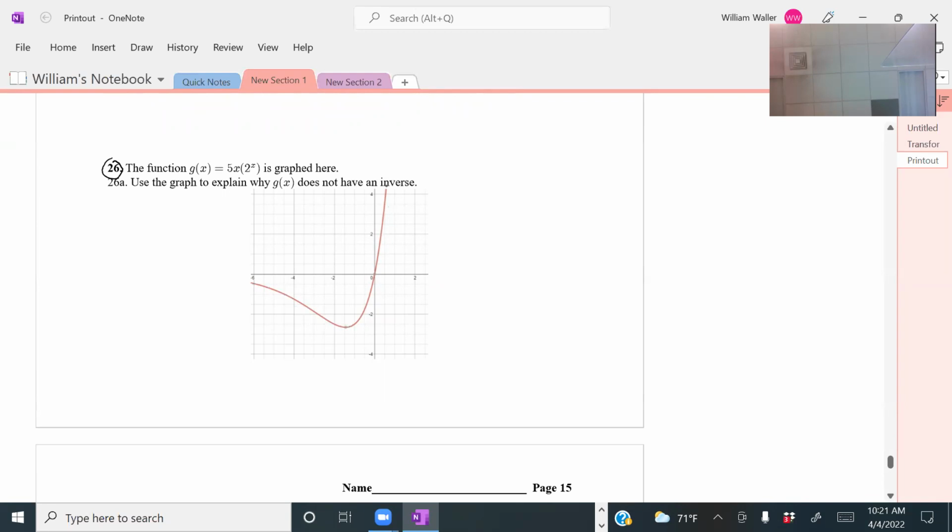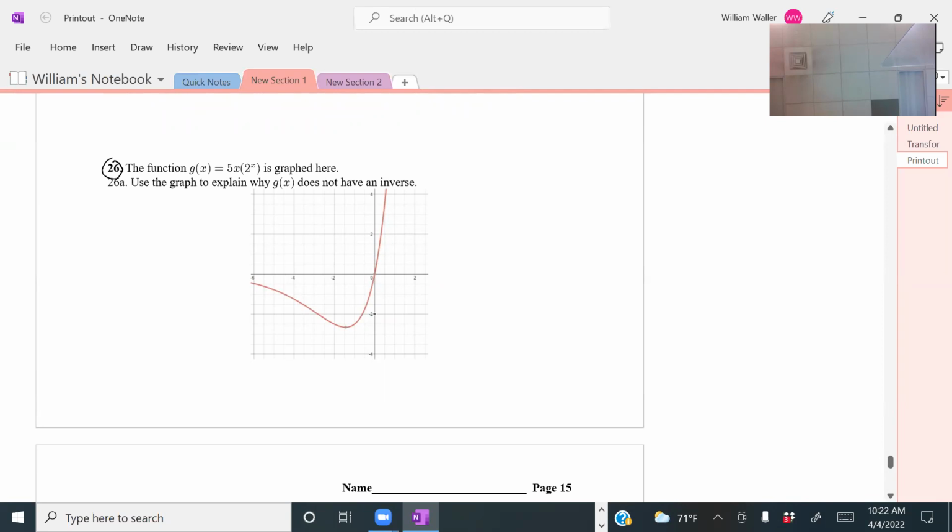The question here, though, is why does g, this function, not have an inverse? So this is not an invertible function. If you had to explain that in words, what would you say? Yeah, it repeats a y value. There are plenty of them that get repeated here.